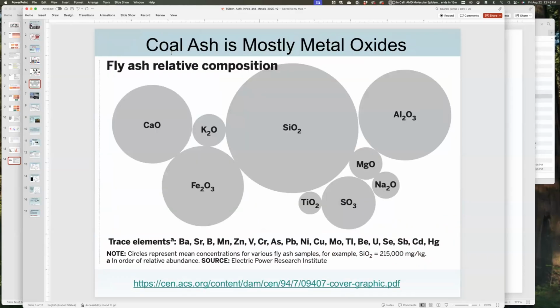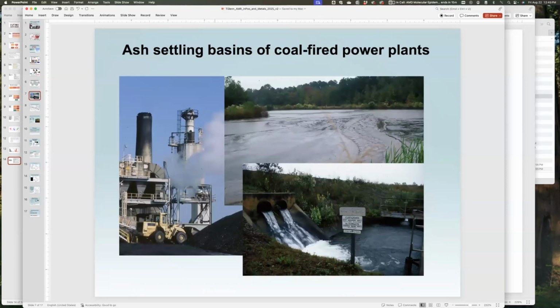We know that this ash is basically metal oxides. And we know that the way that the ash is dealt with is that it goes out away from the power plants, it goes into these settling basins, and then it goes through a series of those basins where the water eventually is released into a local river typically.